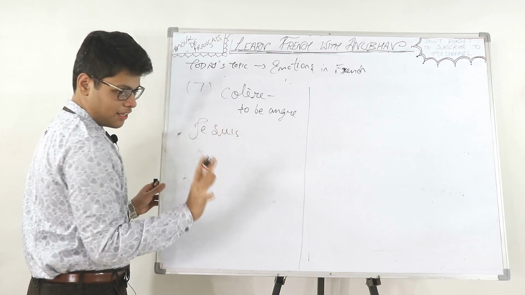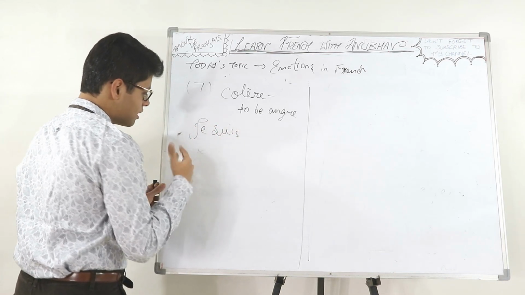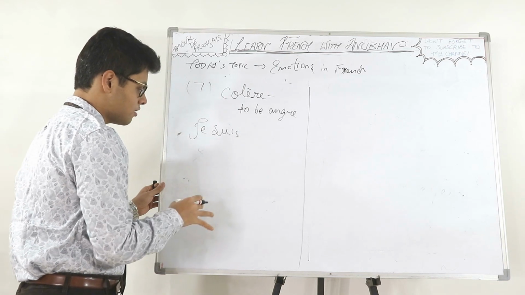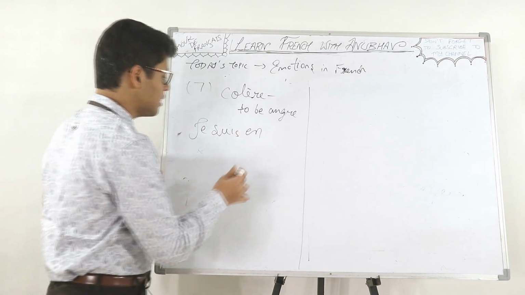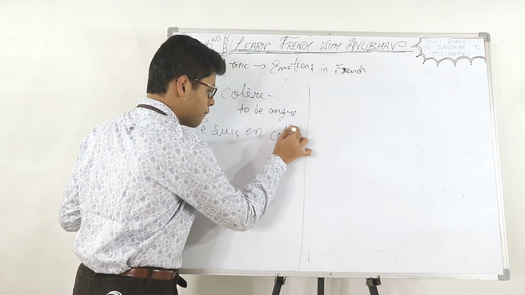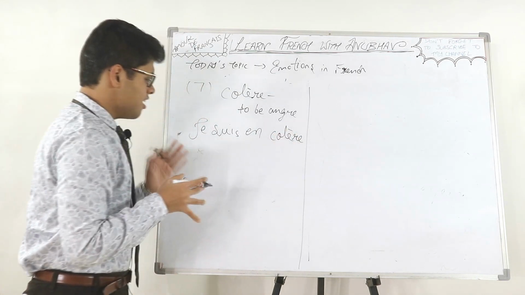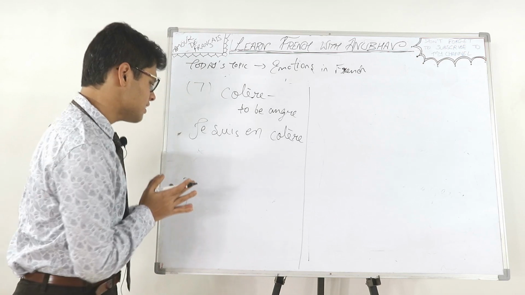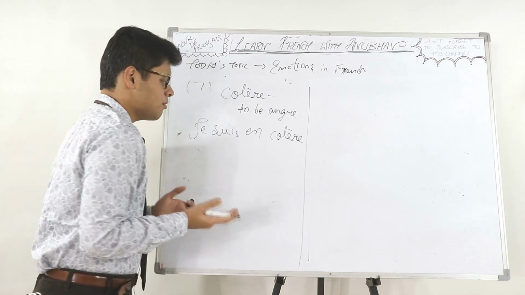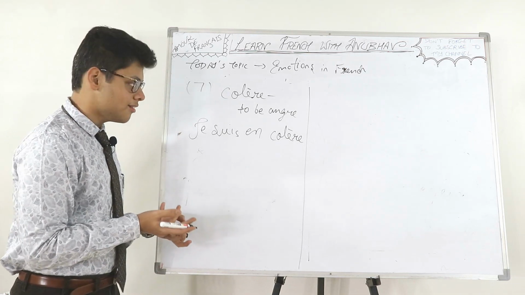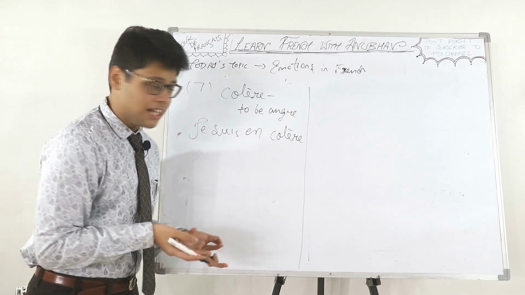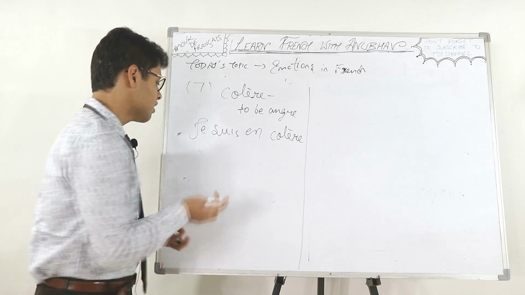This one is slightly different because after the subject, after être, we write en, and then we write colère. If we see the literal translation, je suis en colère, I am in anger. Otherwise, it's simply I am angry.